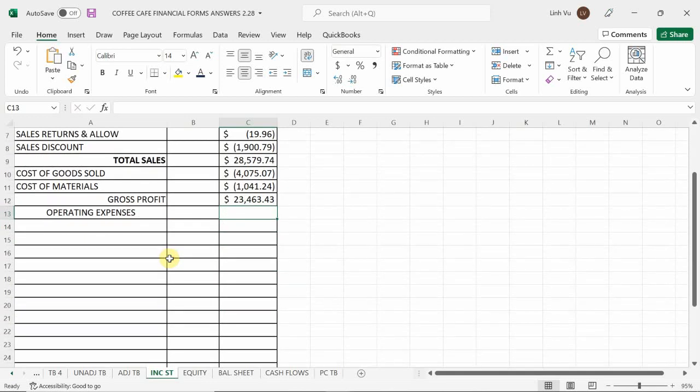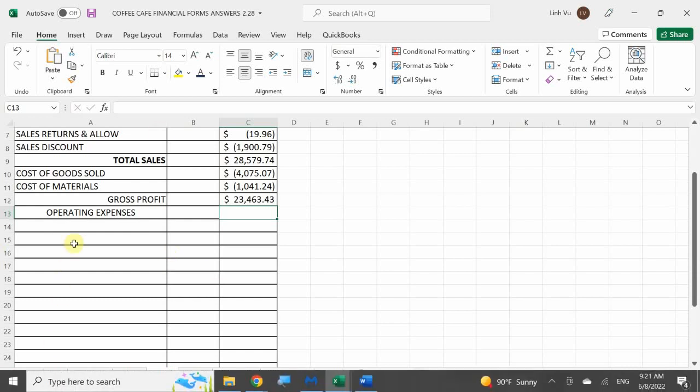Now, what do I do with this number? This is not where you need to end, because you need to now see if the money that you generated, right? This is your gross profit, right? Does this amount cover every single expense it took for you to operate your business? So that means I need to list out all of my operating expenses, okay?